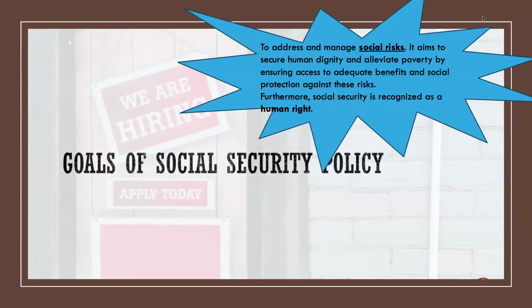We also considered that social security is recognized as a human right, and we've even considered a quote from the Universal Declaration of Human Rights, which stated that everyone has the right to a standard of living adequate for health and well-being, as well as security in circumstances such as unemployment, sickness, disability, widowhood, old age, and other situations beyond individual control.